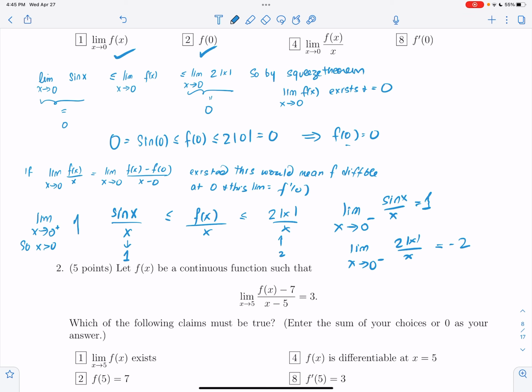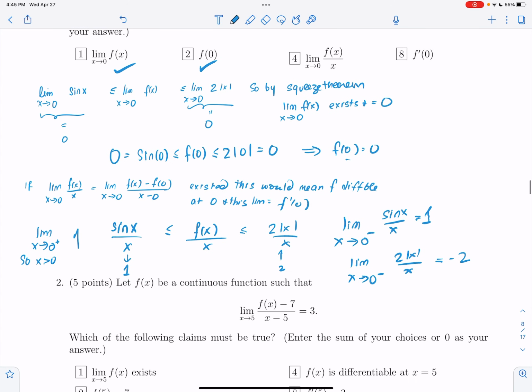So you know that this limit as x approaches 0 of 2 absolute value of x over x is either negative 2 or 2, depending on whether you're from the left or the right. This is always 1, so in that case we can't say anything about this.